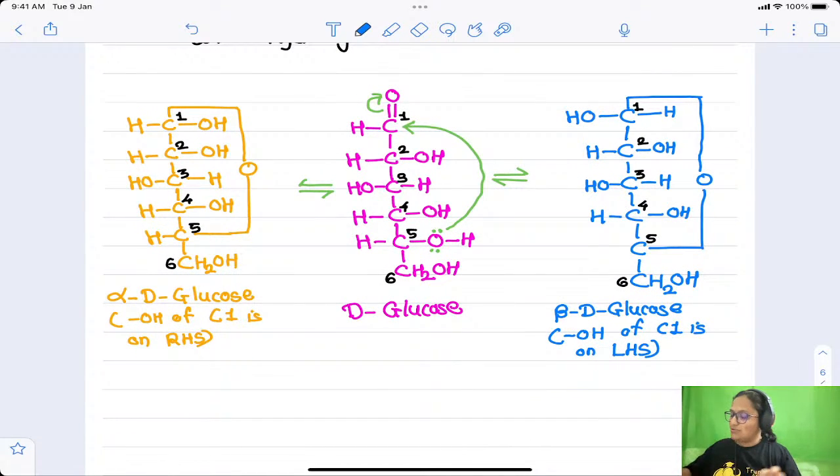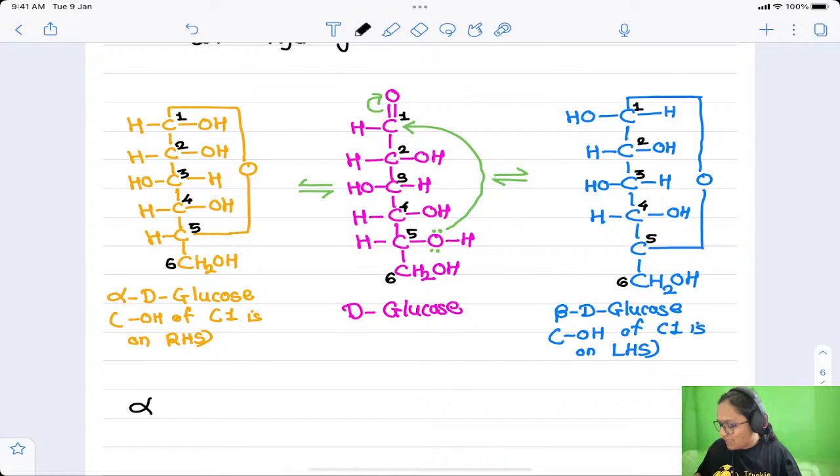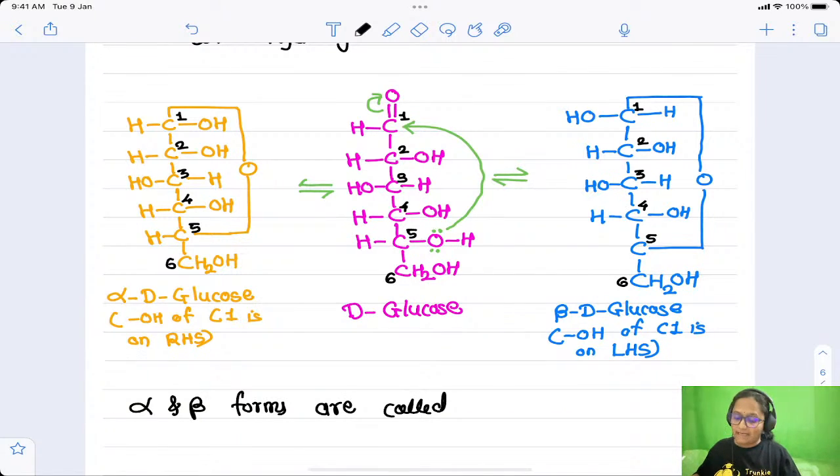Now these two cyclic structures, the alpha and beta forms of glucose, are called hemiacetal structures.